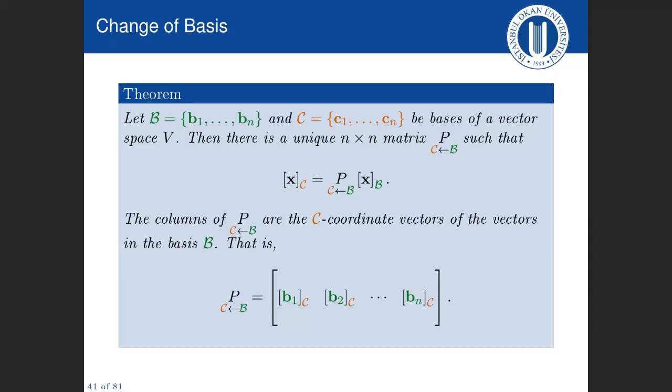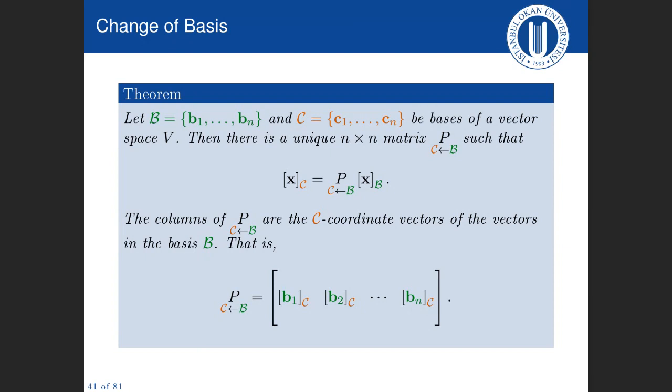Let's write down this theory as a theorem. Let's suppose B and C are two bases for a vector space V. And because each one of these has n vectors in, that means that the vector space V is an n-dimensional vector space.